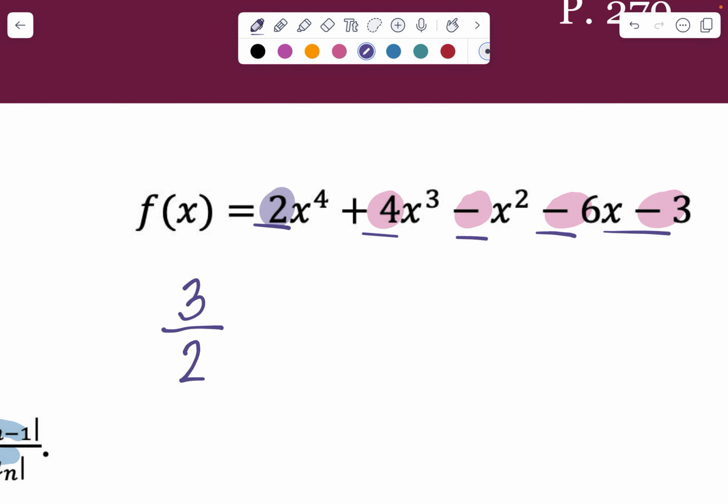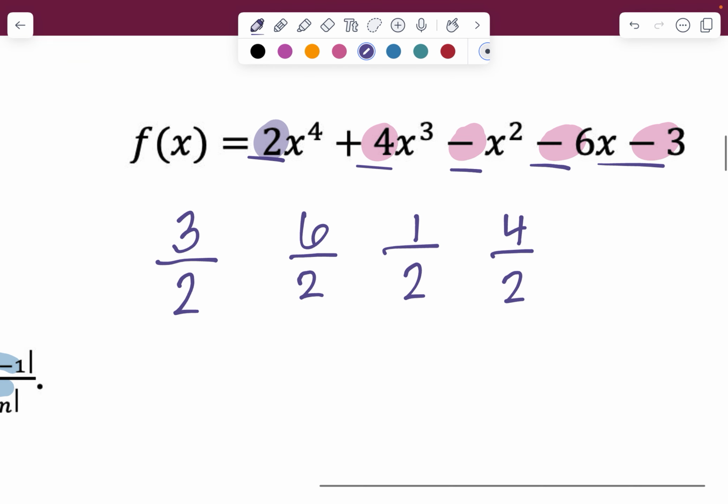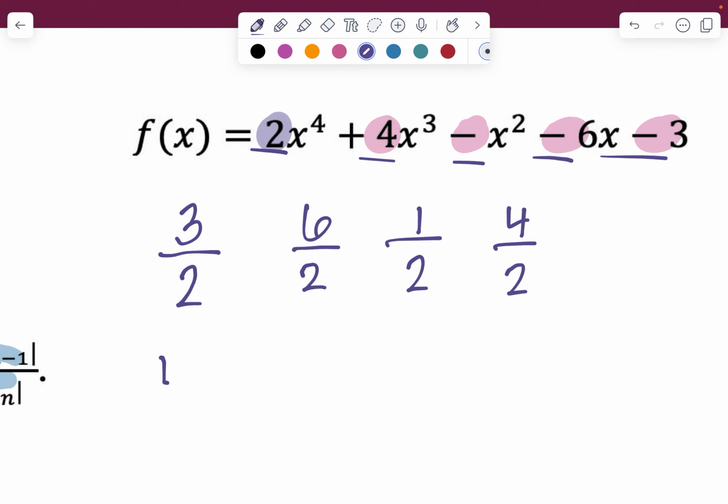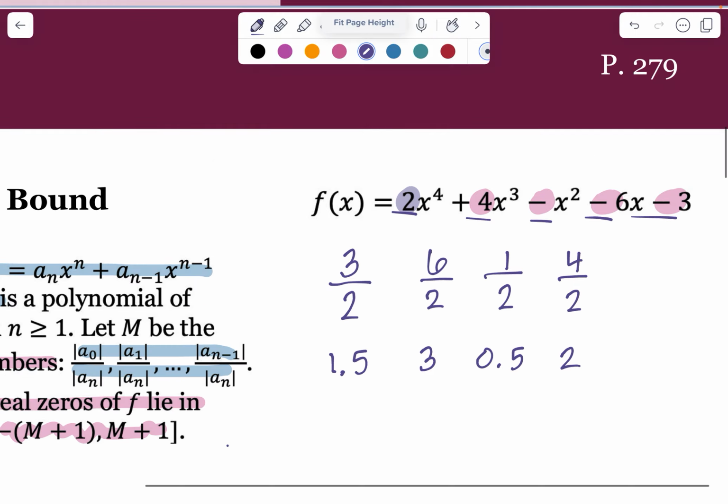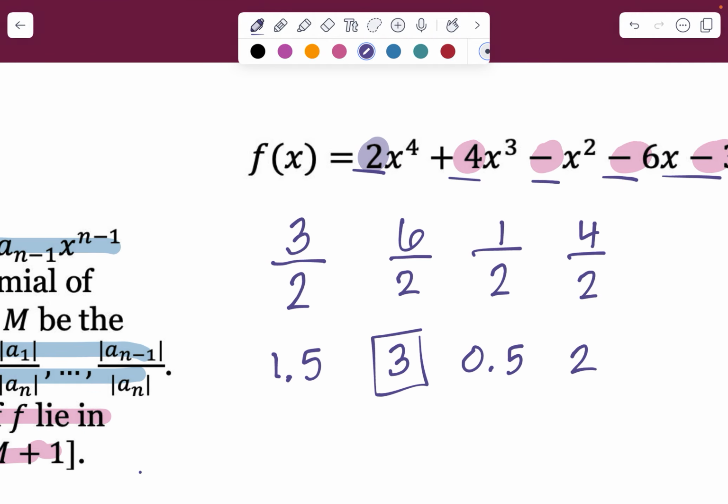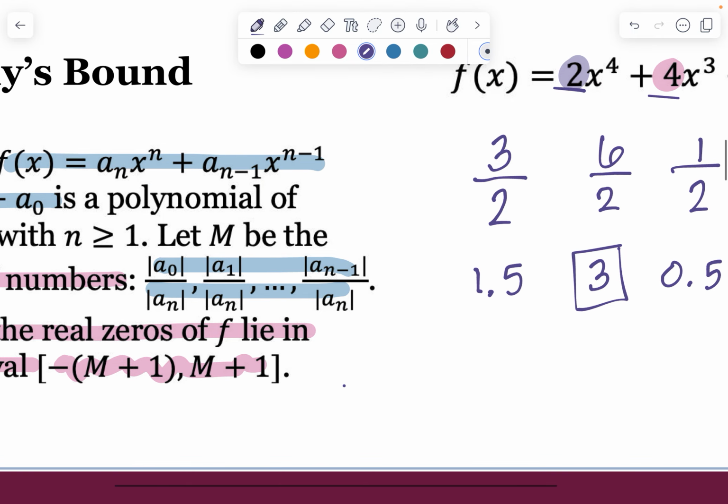So we have 3 divided by 2, 6 divided by 2, 1 divided by 2, and 4 divided by 2. To more easily compare them, let's write them as decimals or whole numbers. We have these four numbers: 1.5, 3, 0.5, and 2. What this theorem says is that the largest of those numbers is what we'll use as our m.